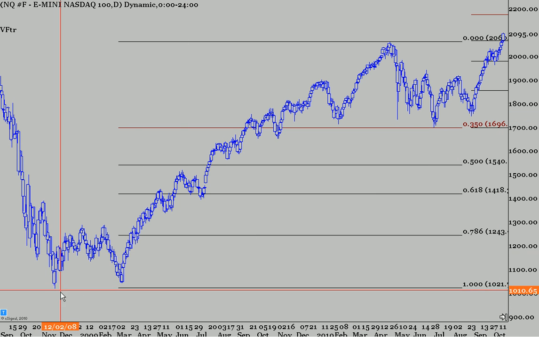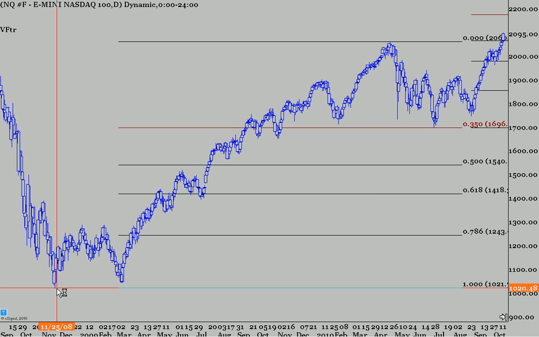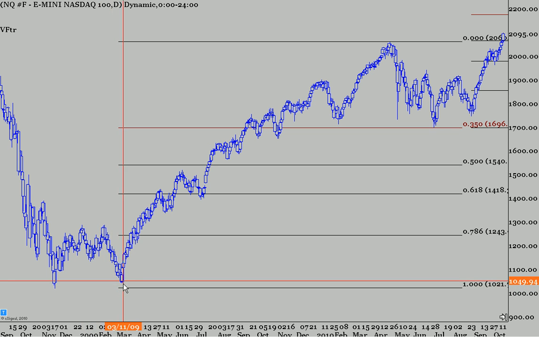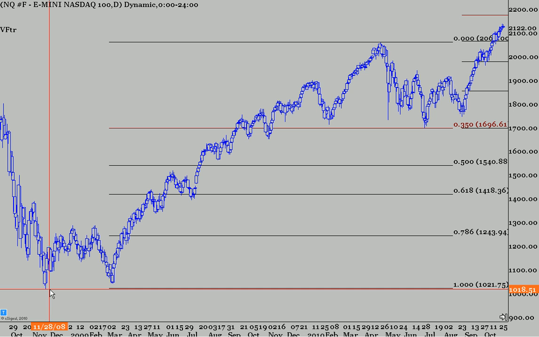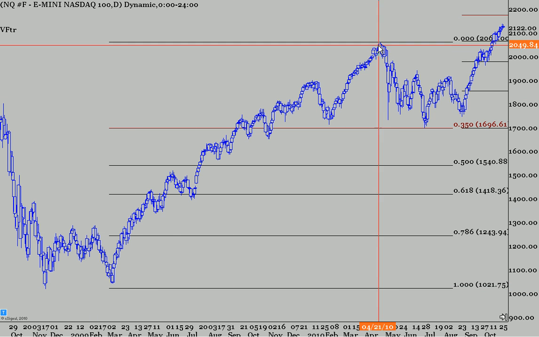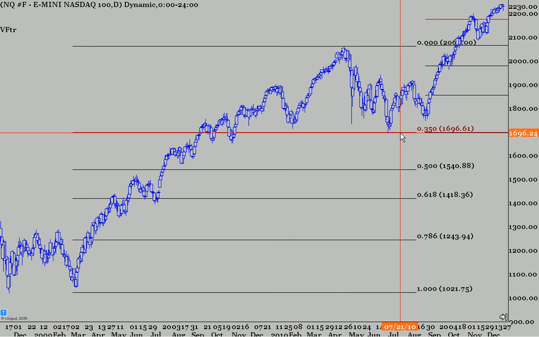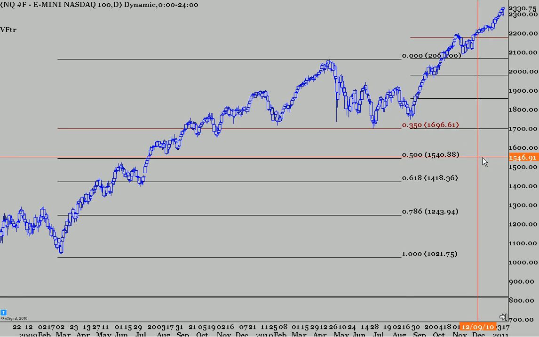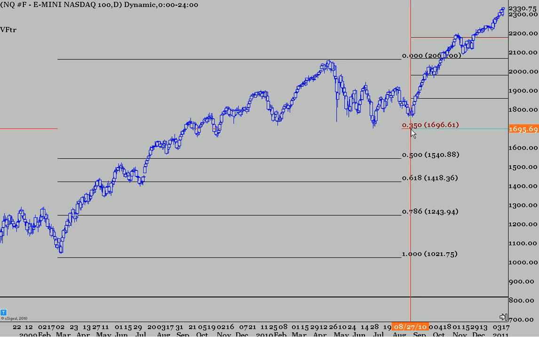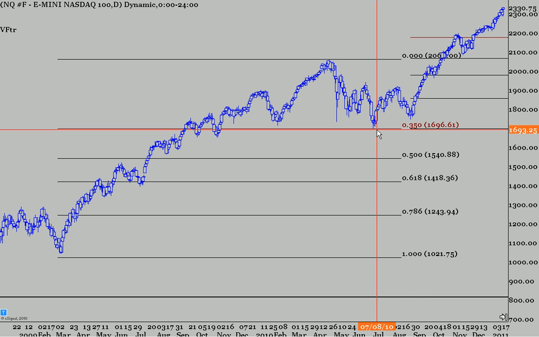From this low here in '08, this is that March '09 low, we're starting from this low because it's a lower low, extending up into this high. We retrace 35%. Now, in this example, 35 might not be a fib number. We're just using the tool to get the percentage of the pullback.